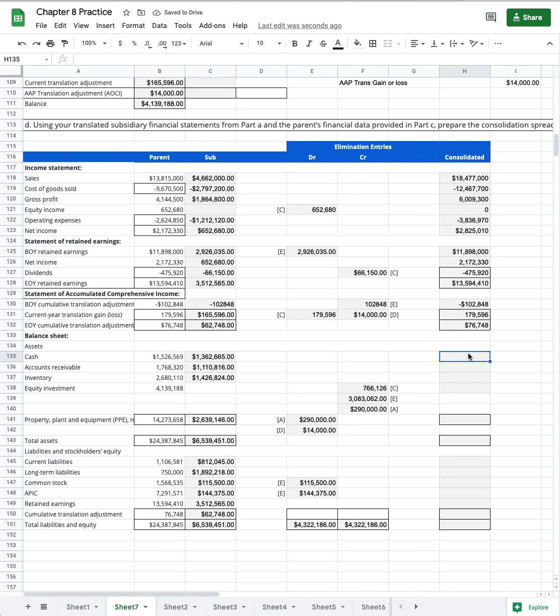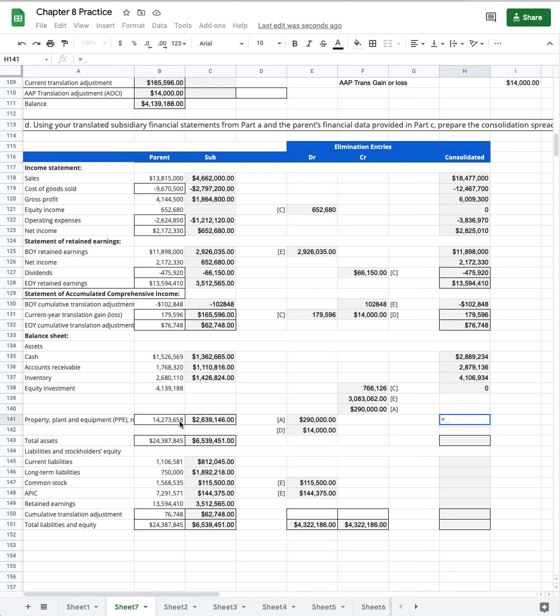Then we can come down to the assets and continue the same pattern. Copy this formula down. For equity investment, just remember that we have to go down all three of these rows, so subtract them all out. And so it should be 0, so that's correct.